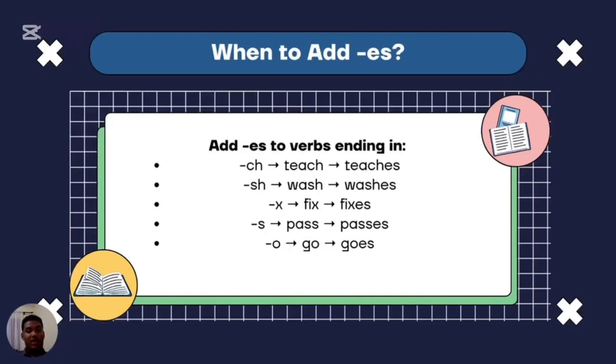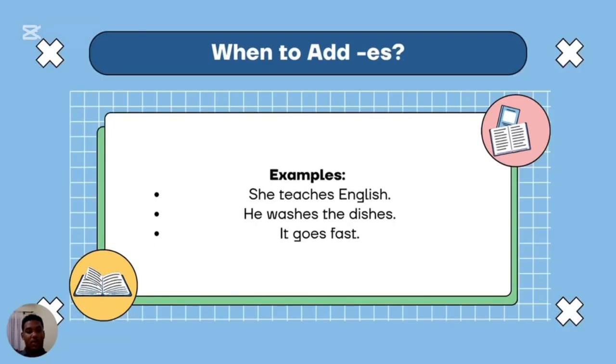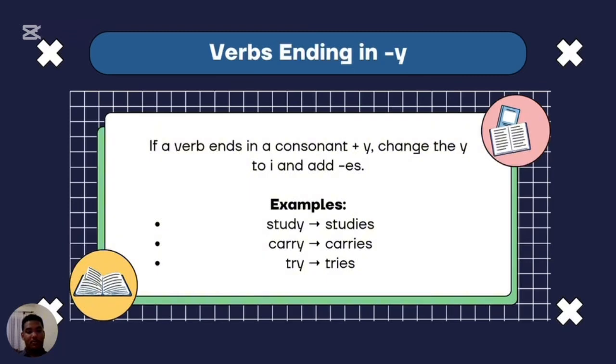We add es when the verb ends in ch, sh, x, or o. Then we have verbs that end in y: if the verb ends in a consonant plus y, change the y to i and add es.